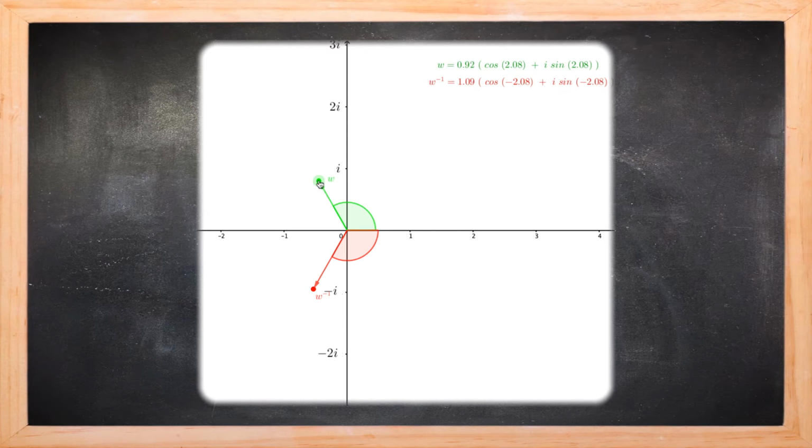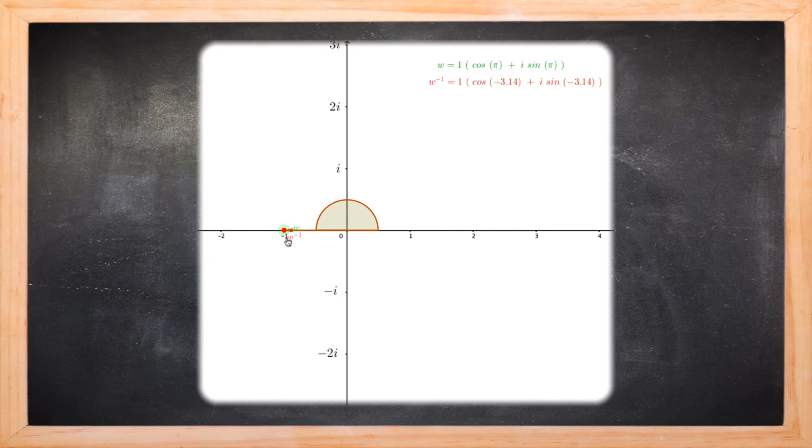However, there's a problem. Let's go to negative 1. As soon as we do that, on the diagram, the two arguments have become the same, as they should, because w to the minus 1 is the same as w for the real number negative 1.